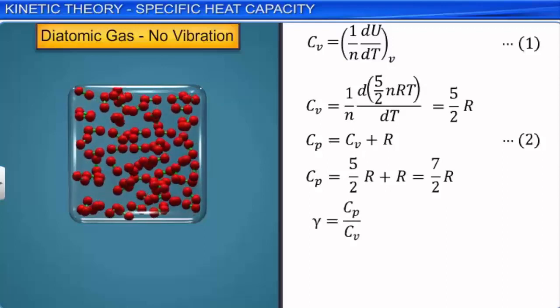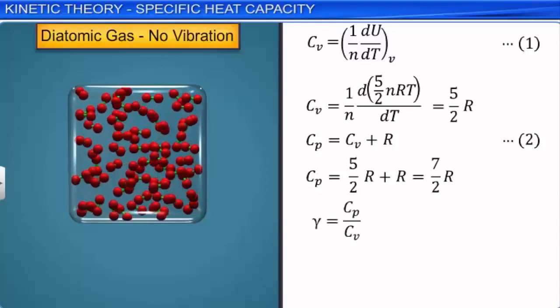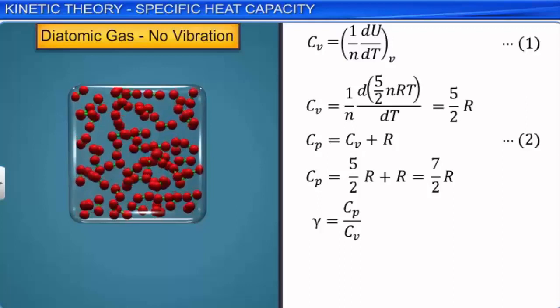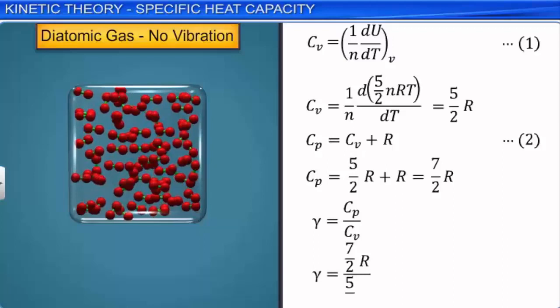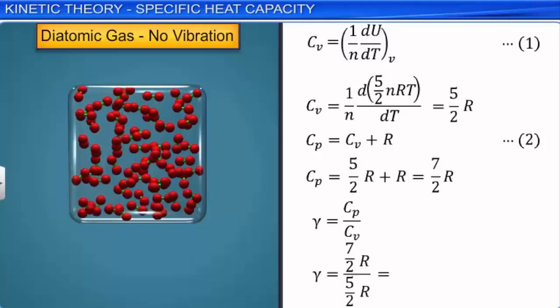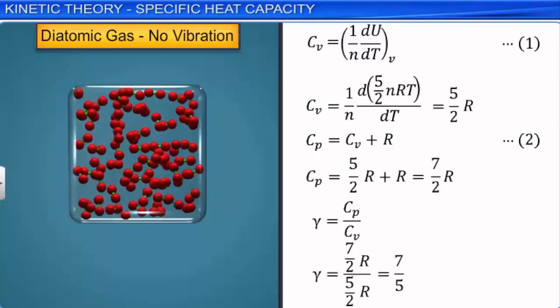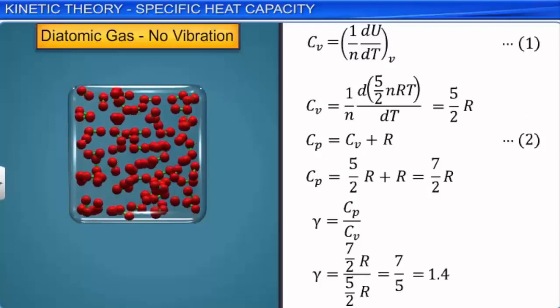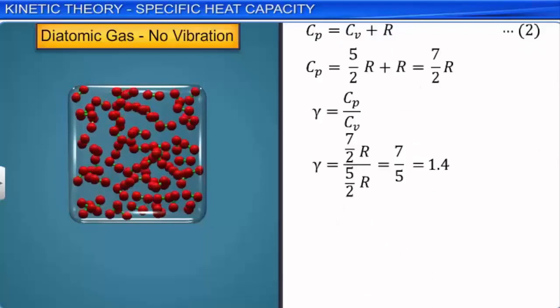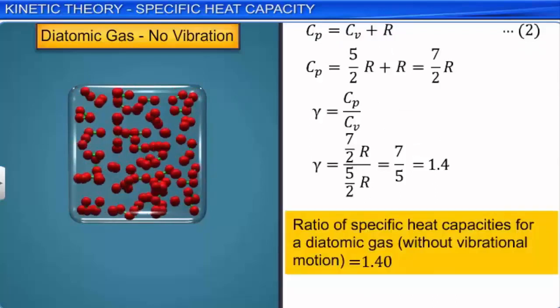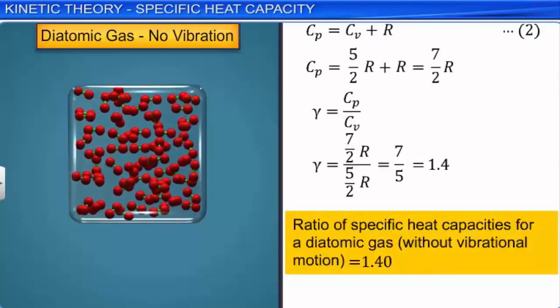On further substituting, we get gamma is equal to 7 by 2 R by 5 by 2 R, which is equal to 7 by 5 or 1.4. Hence, the ratio of specific heat capacities for a diatomic gas when the molecule is not vibrating is 1.4.